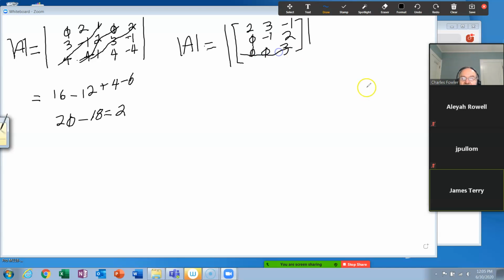And why did he choose row 3, by the way? You could have chosen column 1. I would have done that, but it doesn't matter. We're going to use row 3 because that's what you said first. Why did you choose it? Because it had the most zeros in it. It and column 1 both had 2 zeros.